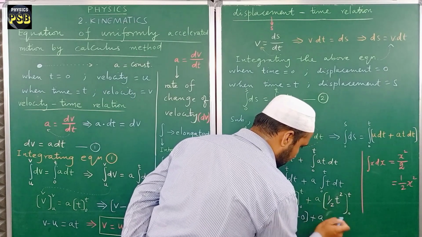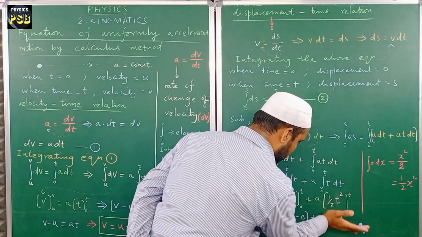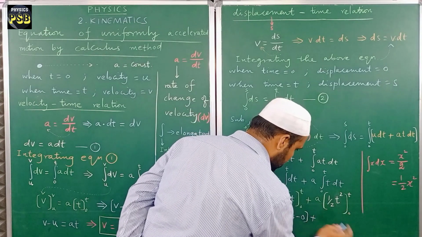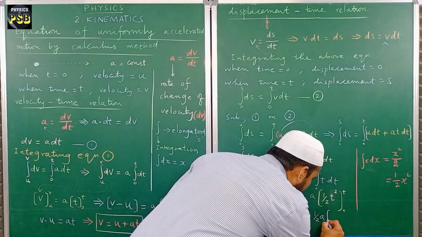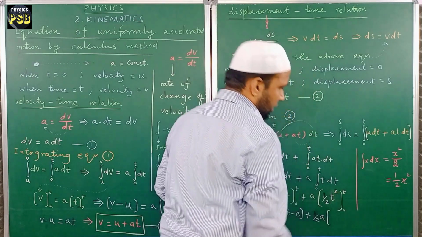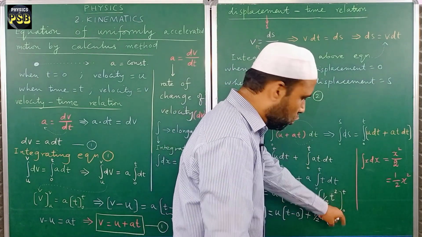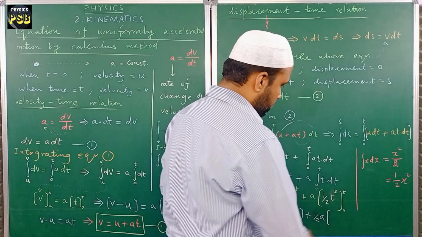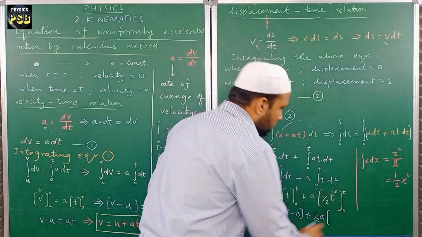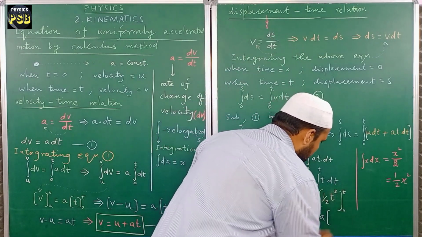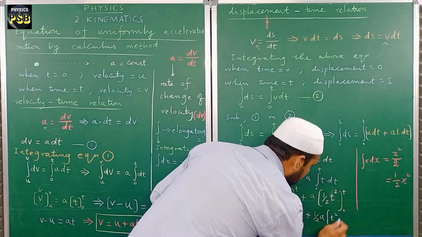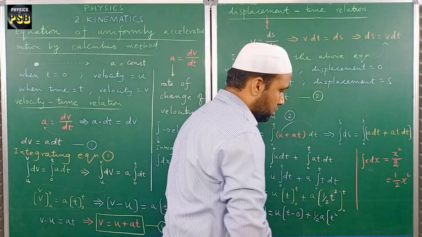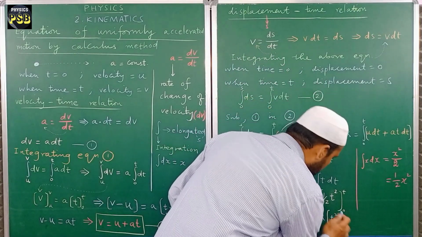I take out a half outside. Now I skip one step here. This half is taken out. Half a. In the place of t square, I mention the values given in upper and lower limit. The upper limit is t, measured as t square, and the lower value is 0.